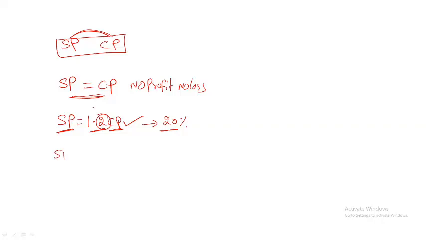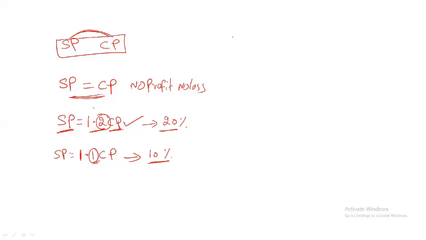If the selling price is equal to 1.1 times of cost price, now how much is my profit? After the decimal, what is the value? 1. So the answer will be 10% profit. Okay, when it is 1 point something, selling price is more. So after the decimal, whatever the value we have, the profit is 10% or 20%.